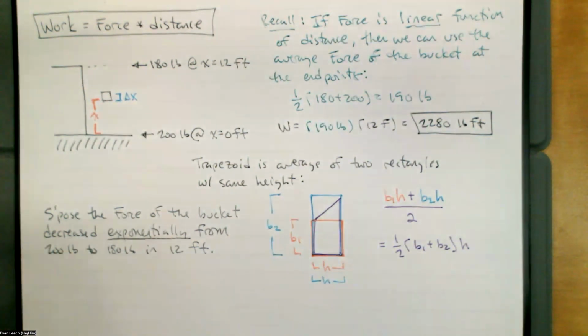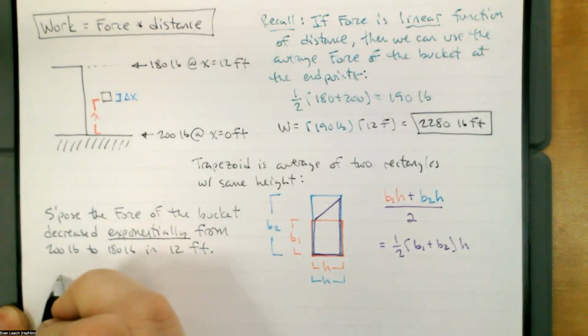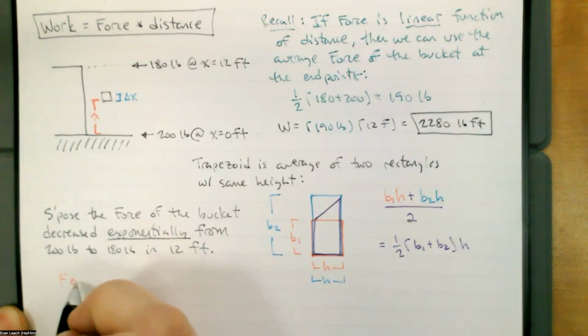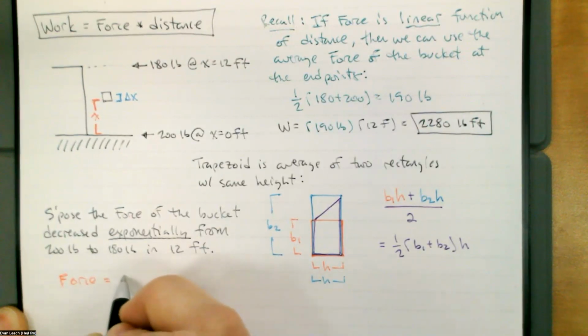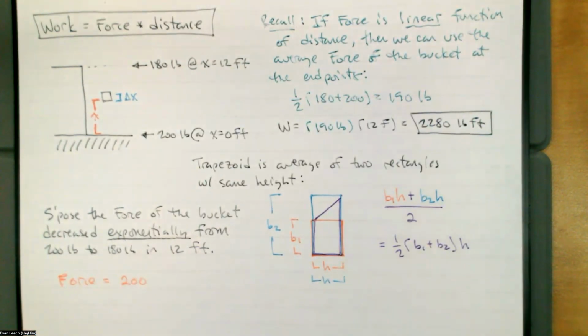I'd have to say our force would start off at 200. And then we multiply down to 180. So we start off at 200 when x is 0. I know x hasn't shown up yet. In a second.